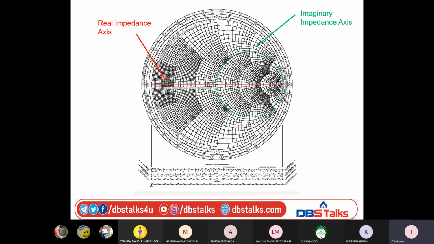So this one is the chart. So this is the Smith chart or a graph. So we have outer circles. See here, outer circles. This one is the first circle, this is the second circle. These two circles can be represented by the wavelengths and by the angles. And inside the Smith chart, we will have circles.